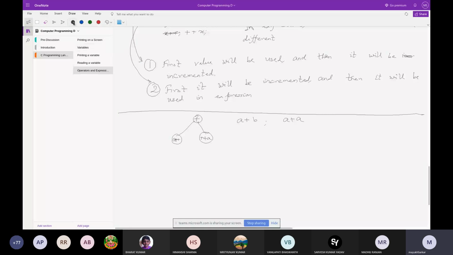So if plus plus a gets evaluated first, plus plus a eventually means increment in memory first, and then sent to register, because eventually all the variables will go to registers, if you can remember from our discussion. And a plus plus means just the other way around.